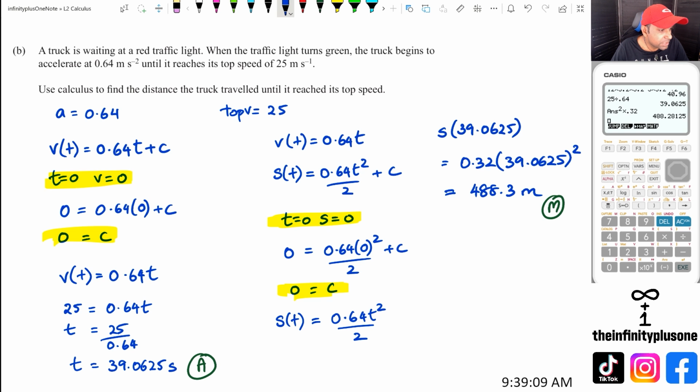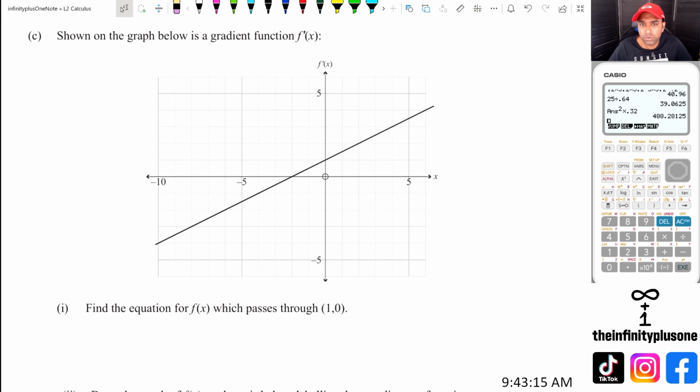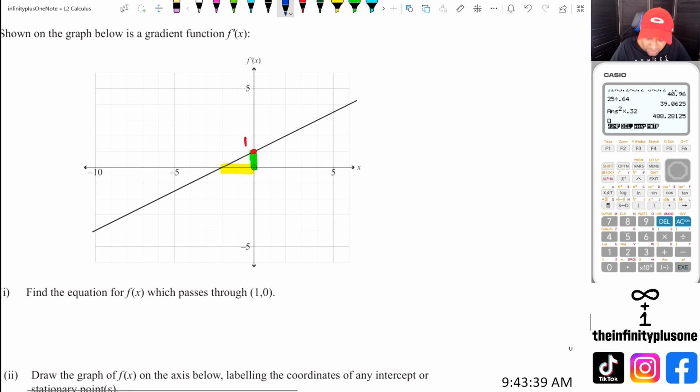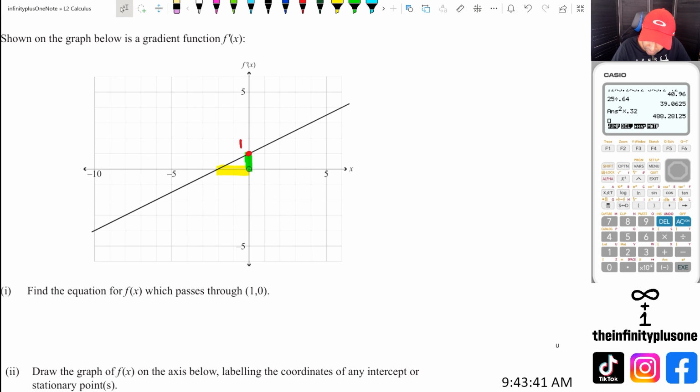Okay, so question C. What it's been asked is find the equation for f of x which passes through 1, 0. So what I've been given here is the gradient function. I'm going to work out what the gradient function is because I can see that the run is 2 and the rise is 1, and the y-intercept of f dash is equal to 1, right?